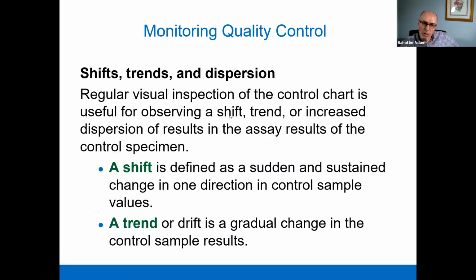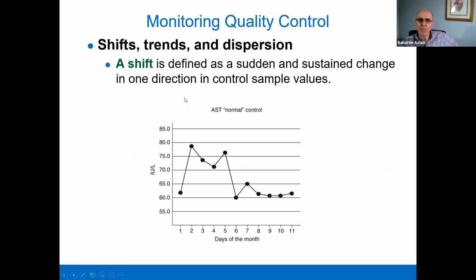Now shift, trends, and dispersions are the terminology that we use for monitoring of the quality controls. And as I showed you here, shift is defined as a sudden and sustained change in one direction in the control samples.